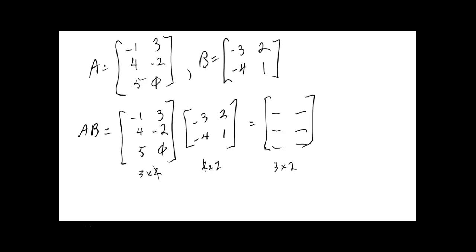Name the position of this blank right here. What would you call that entry if you knew it? Let's call it C. C what subscript? 1, 1. That is the key for how you multiply the matrix.